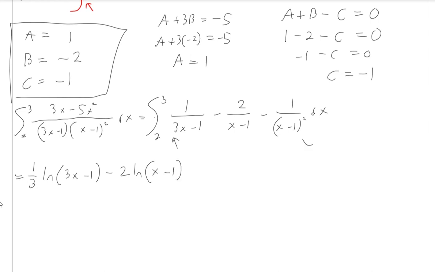But then this last one has an extra term on it. What you can really say is that this is the same as 1 over u squared, where u is x minus 1 and du is just dx. So then the integral of that will be minus 1 over u, where u is x minus 1. And this is going to be integrated from 2 to 3.